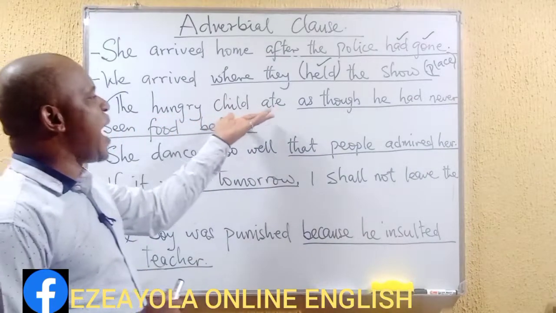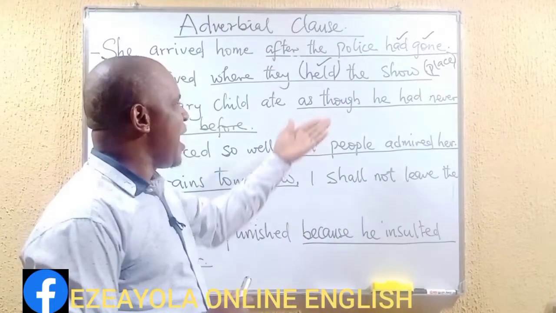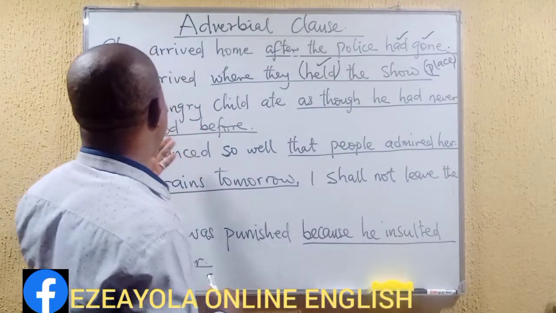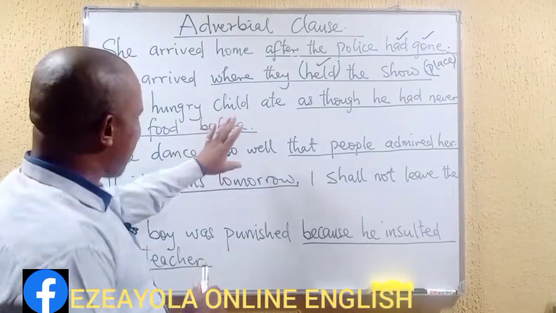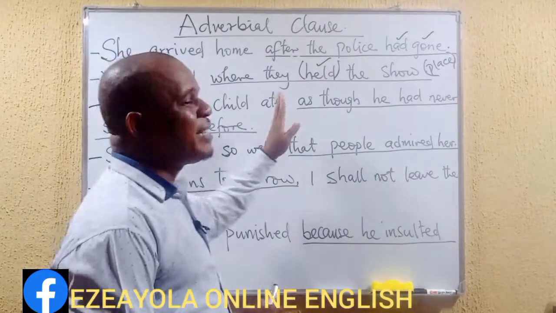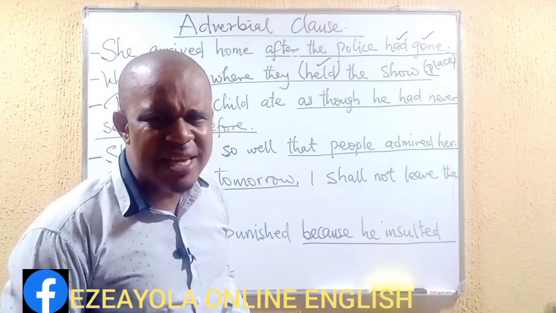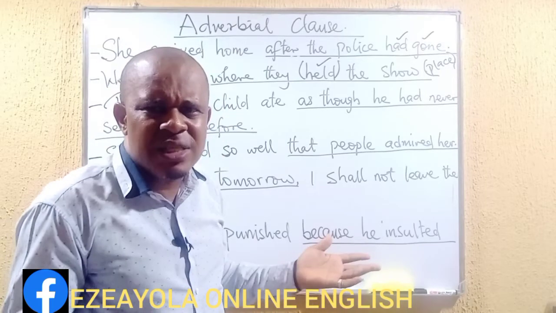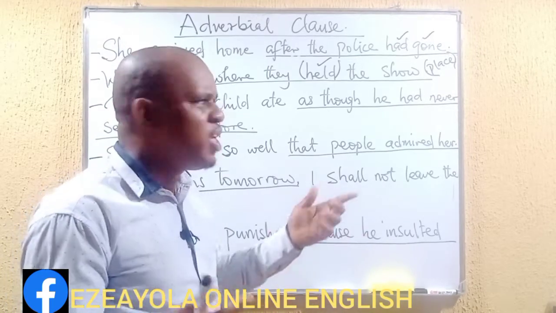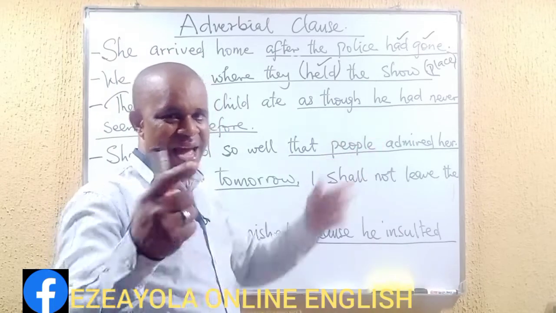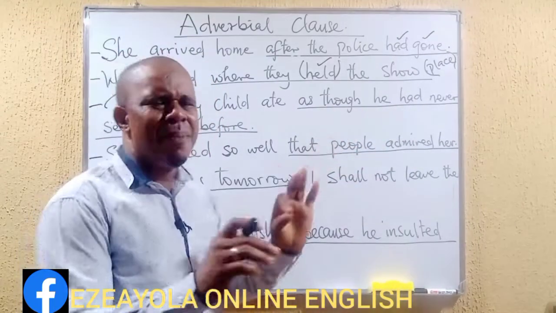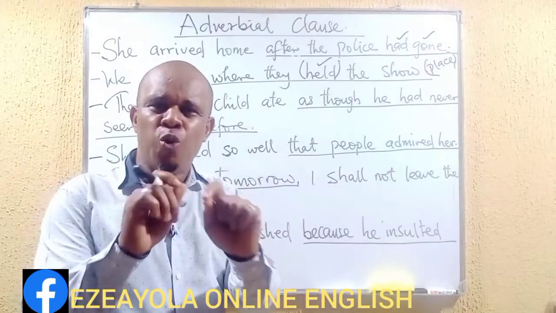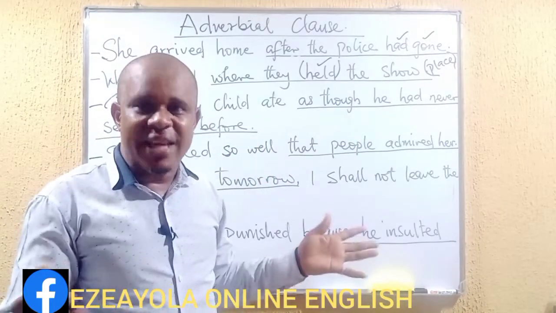Now we look at the next example. The hungry child ate as though he had never seen food before. If you look at this, the hungry child ate. How did he eat? How was the eating? As though he had never seen food before. This is talking about manner, the manner in which the hungry child ate.